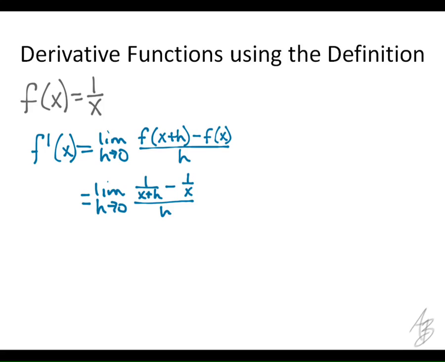When we have fractions, the best thing to do is to either get a common denominator or multiply the top and the bottom to eliminate some stuff. Okay. Continuing here, how could we deal with the fractions that we have here? What could we do?